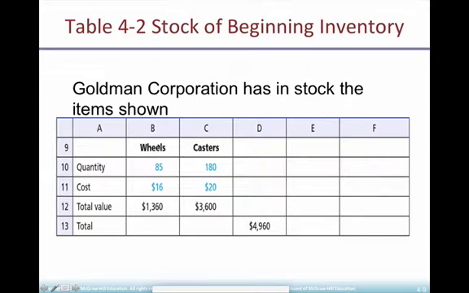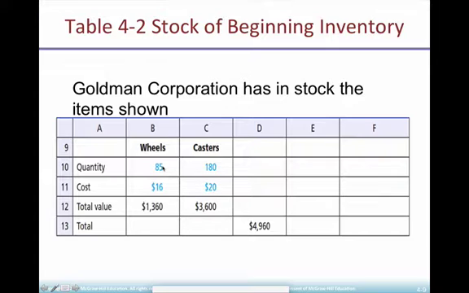So for wheels, we went to cost of goods. The cost of production for each of the existing units in the beginning inventory, for the first good. So let's see how much I have in my beginning inventory: 85 units. And it cost me last period $16 per unit to produce a wheel.